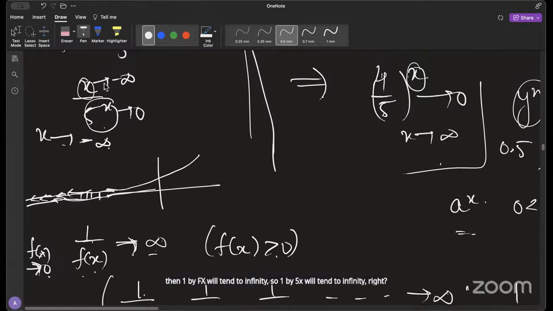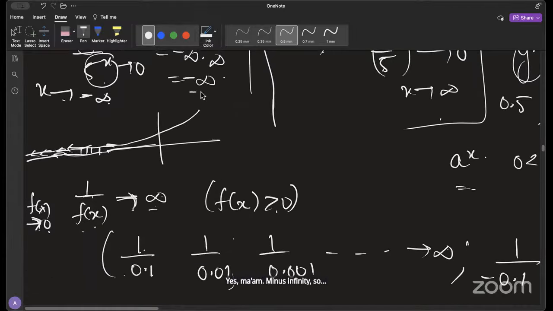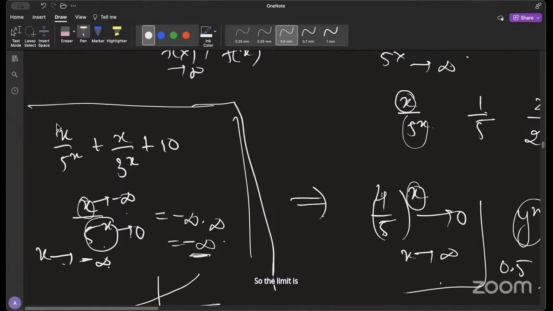Here x is tending to minus infinity. So the limit is minus infinity. The limit for this is also minus infinity, and this is 10.